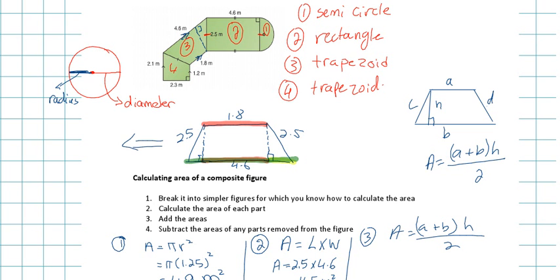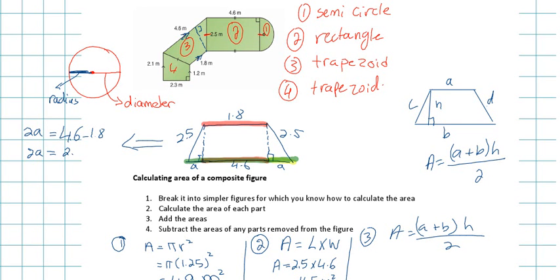That will give me these two sides. I'm going to call it A, so that would give me 2A. So what's 4.6 minus 1.8? 2.8, right?